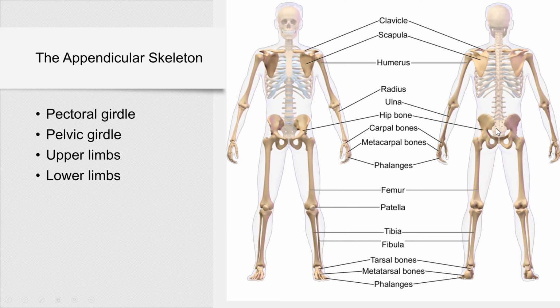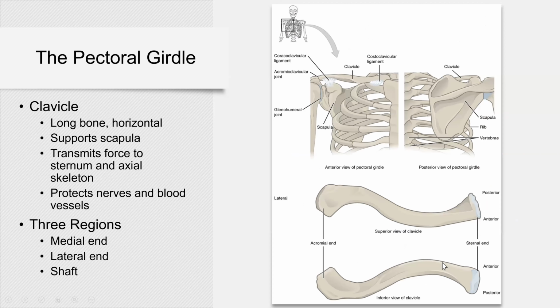The pelvic girdle is made of the hip bone. Another name for the hip bone is os coxa or coxal bone. Then the femur, and the femur articulates with the tibia, and we have another bone here, the fibula, that doesn't really articulate with the femur. Then we have tarsal, metatarsal, and phalanges.